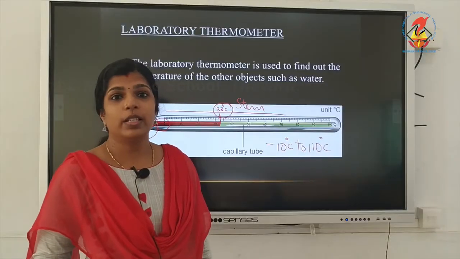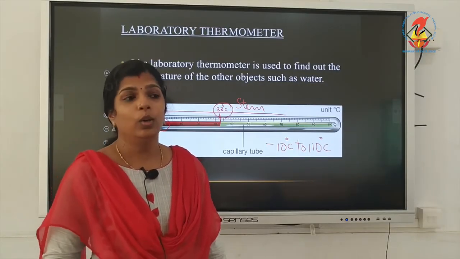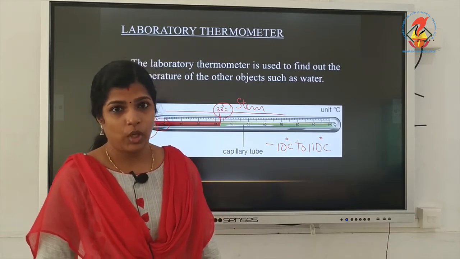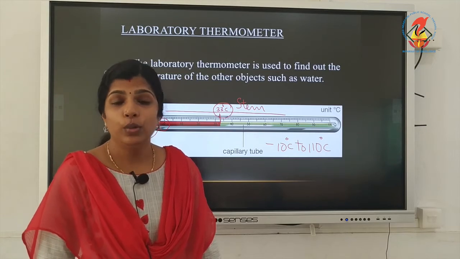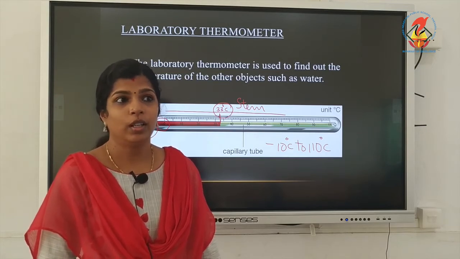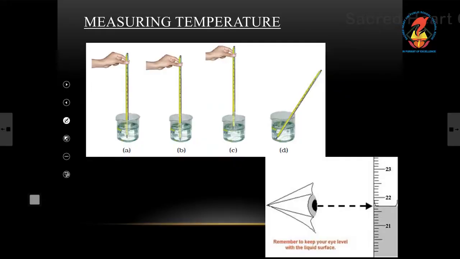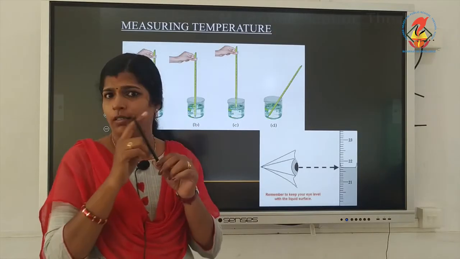What precautions do we take, or what care do we need to take, while using a laboratory thermometer? The first one is that it should be kept straight, not tilted.